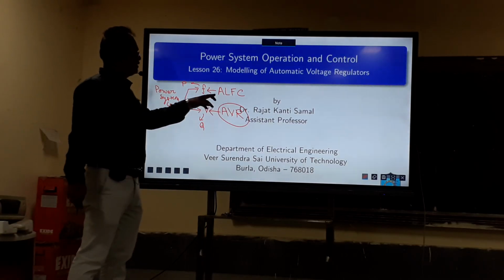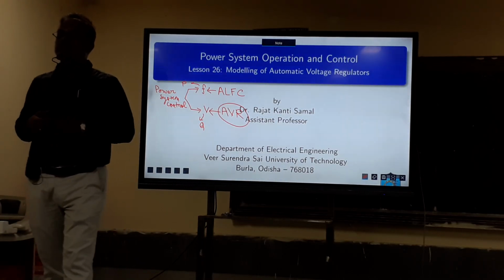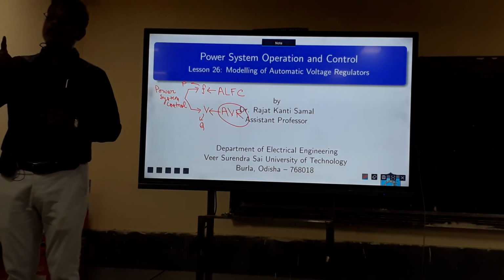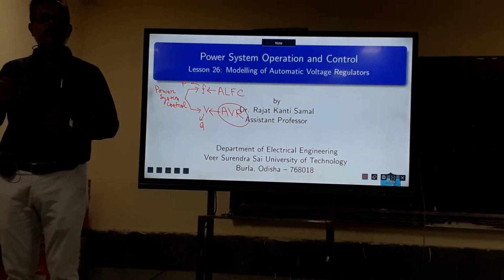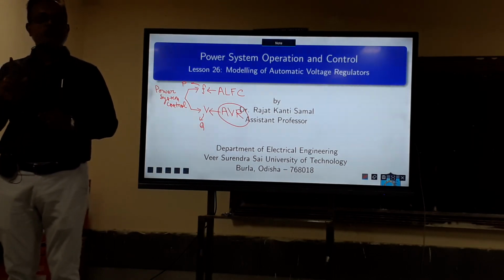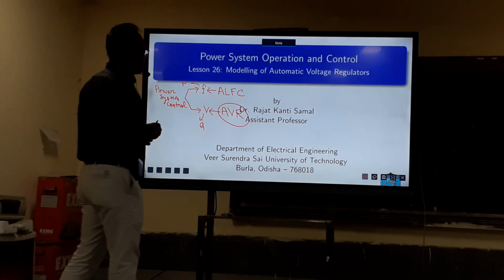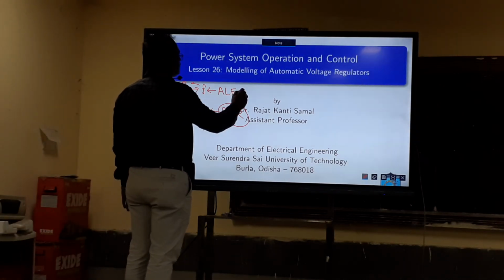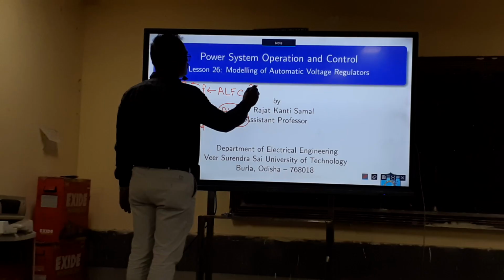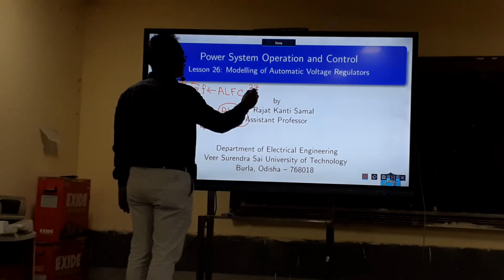But AFC, the frequency control, can happen only by the generator, not by anyone else. Only the generator output can control the frequency of the whole system. Therefore, we will take two classes on this, which will be lessons 27 and 28.